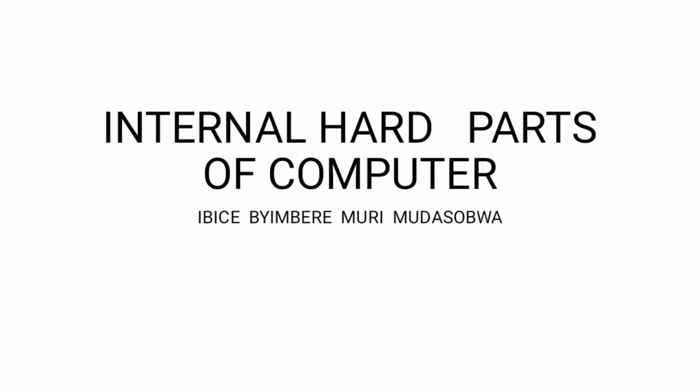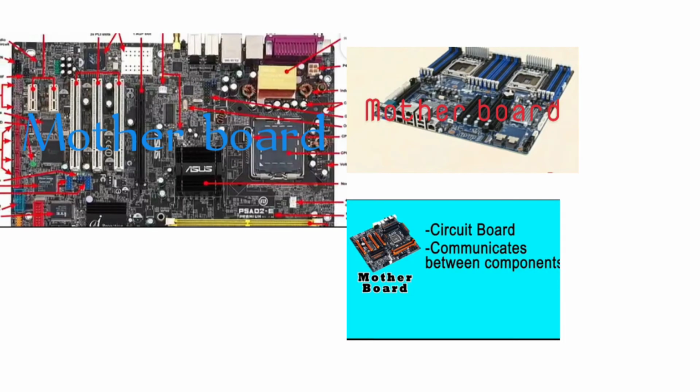Now the internal part of the computer. The internal hardware is the part we don't see outside; we see it inside our computer. The first part is the motherboard, or sometimes we call it the circuit board.